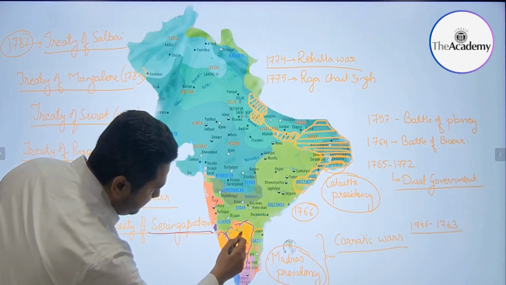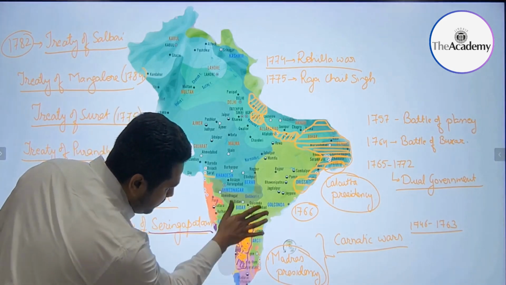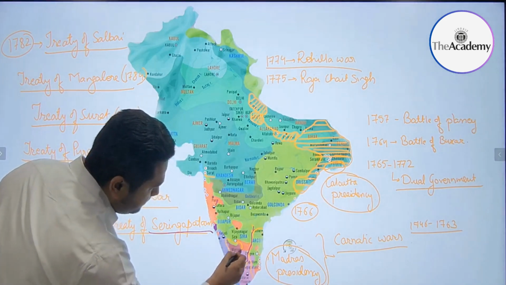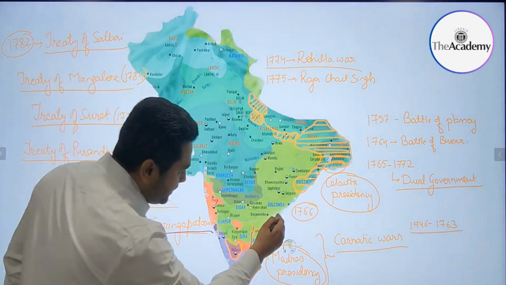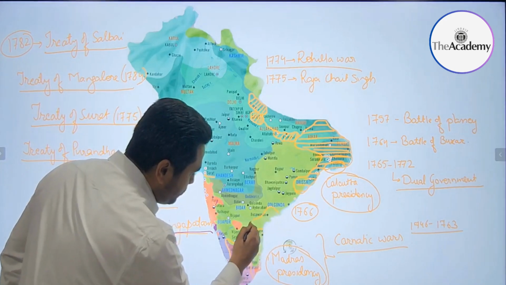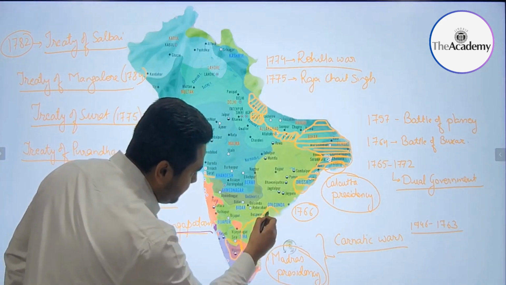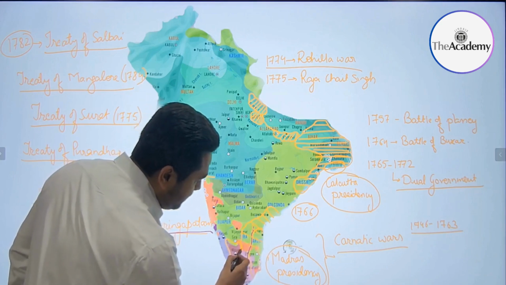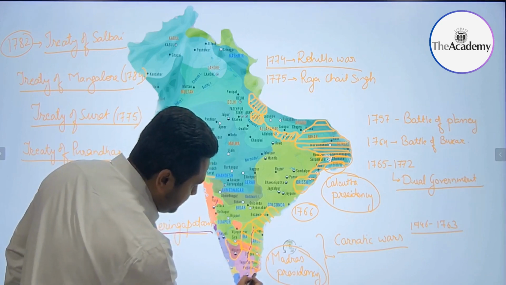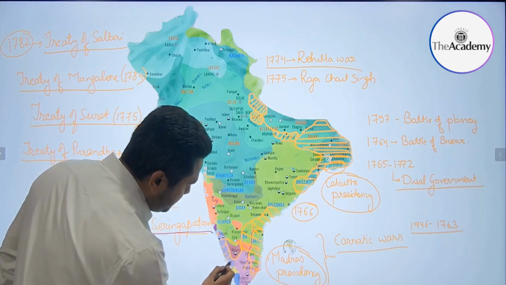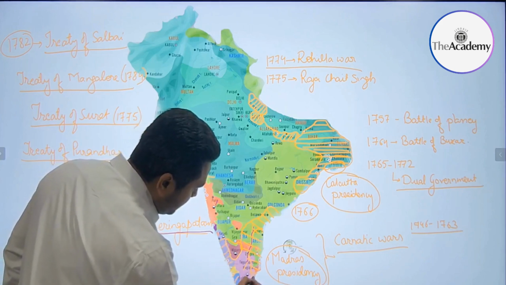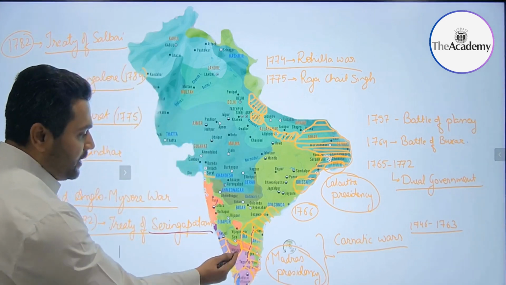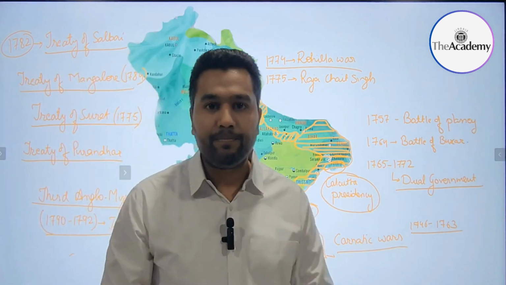So effectively, Mysore was limited to this region, and the British controlled a vast territory now. The northern Sarkars, Baramahal, the Arcot region, the Malabars, right? And then we know that Travancore was a separate kingdom, and Mysore's power was limited.